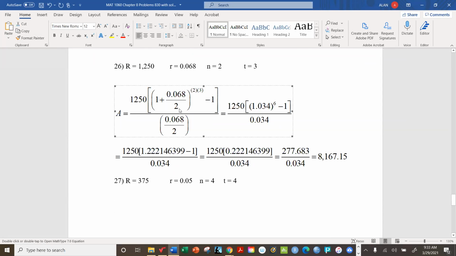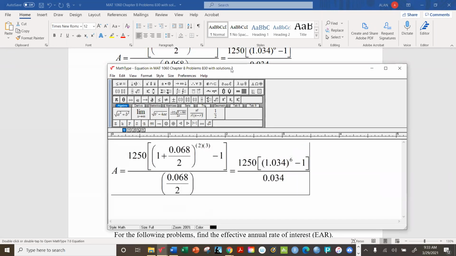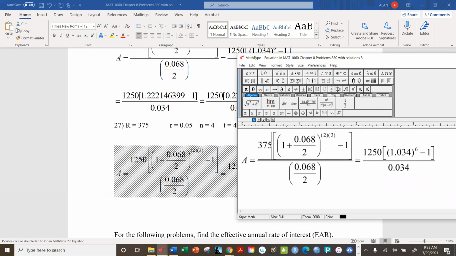All right, so I'll just borrow this formula and recycle it. $375. Now, it's 5% compounded quarterly. Okay, and in the numerator, n times t will now be 4 times 4.